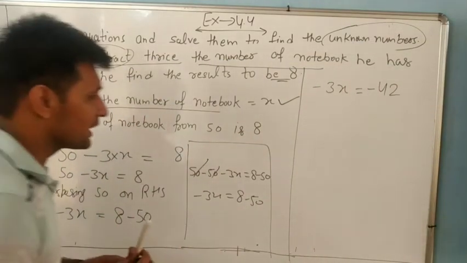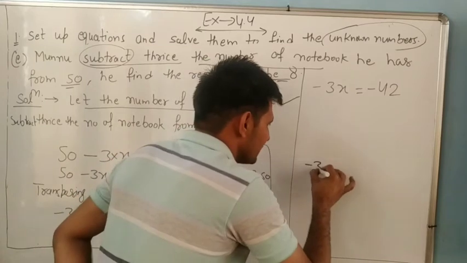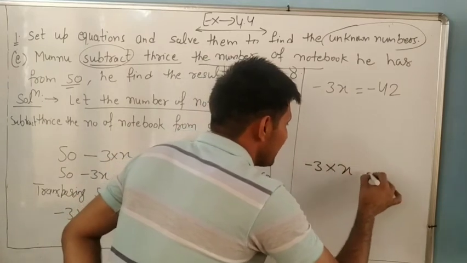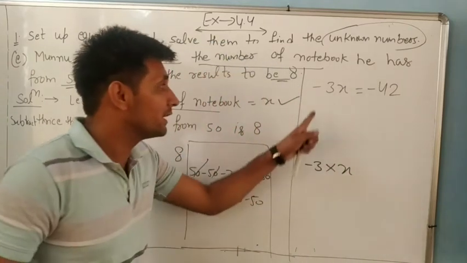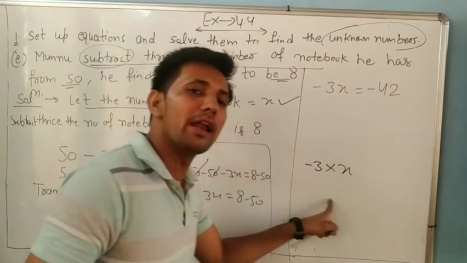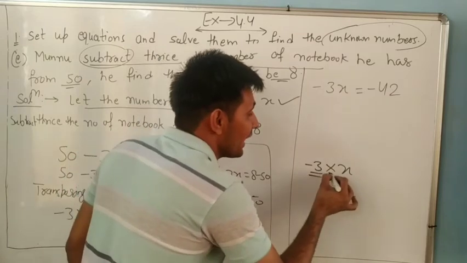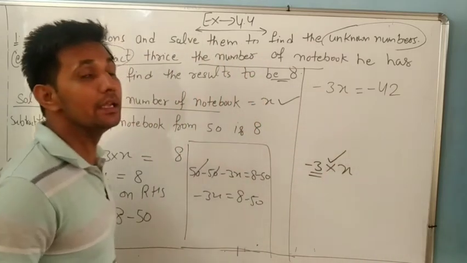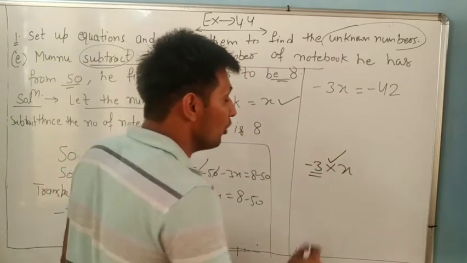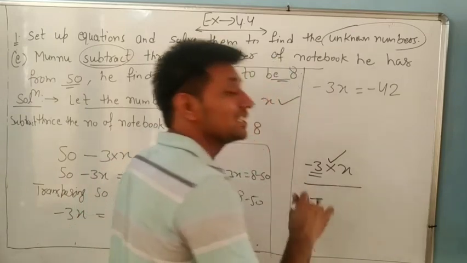Here we observe minus 3 multiplied by x. Don't think that it is negative here and positive on the other side. Minus 3 is multiplied here, and how can we remove multiplication? By dividing by the same number.